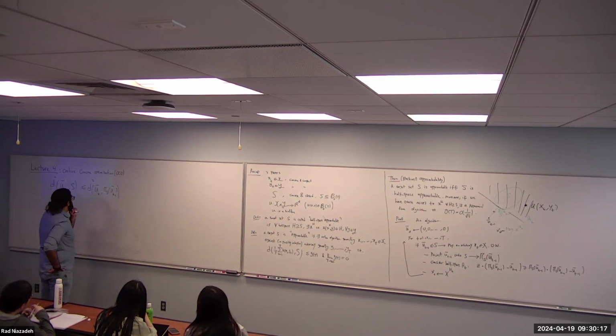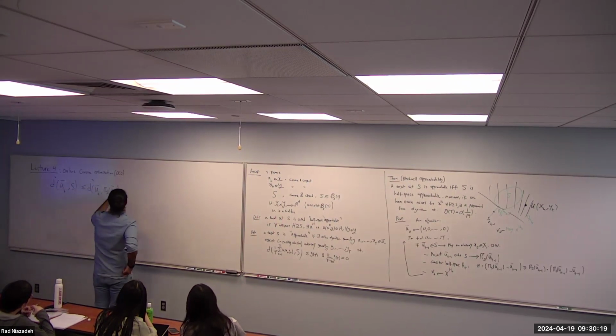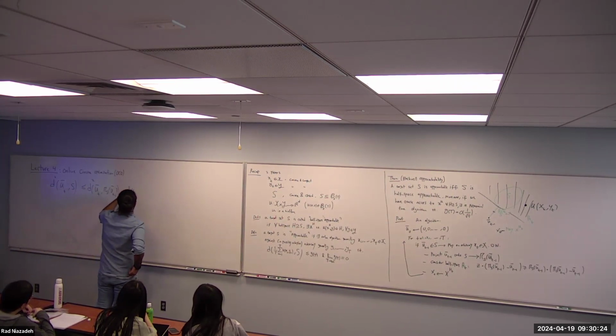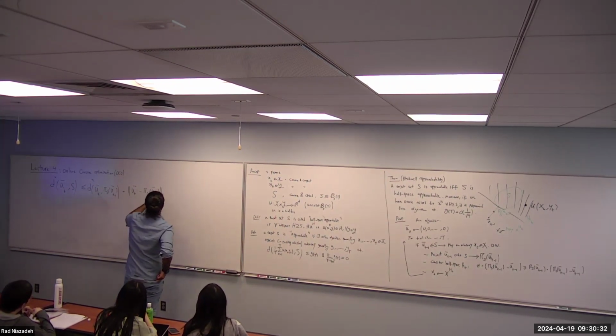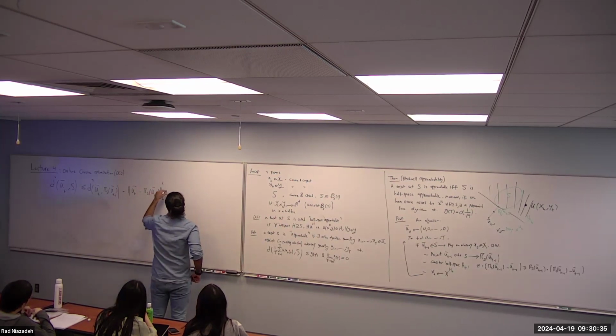So now let's write this down. This is going to be the norm 2 of u t bar minus the projection onto S of u bar t minus 1, squared. And that's equal to the norm 2 of 1 over t.